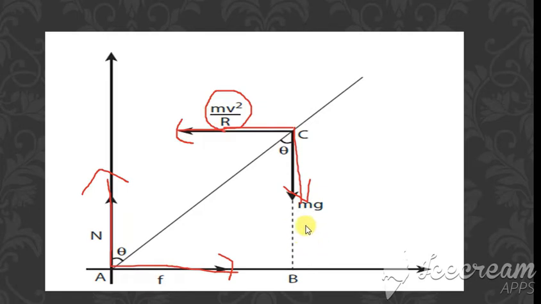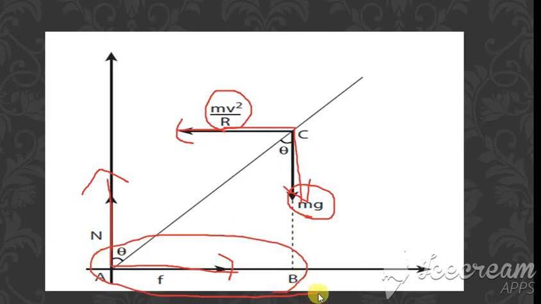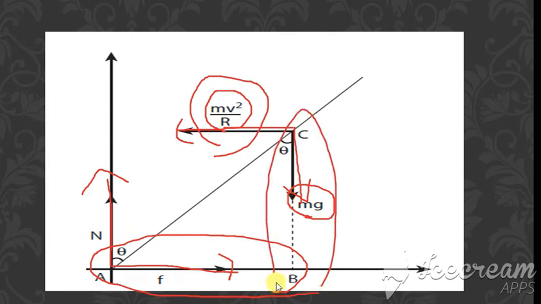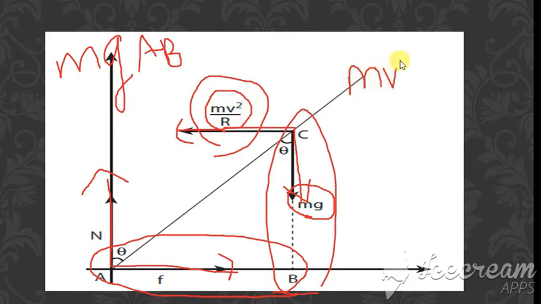Each force is multiplied by its perpendicular distance: mg into the perpendicular side AB, and mv square by r into the perpendicular side BC.